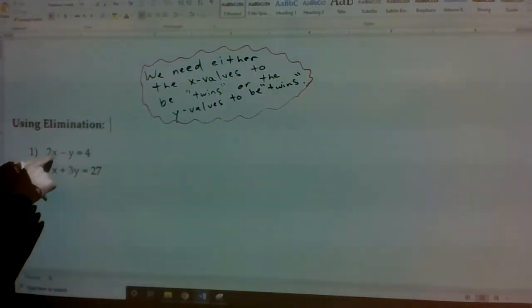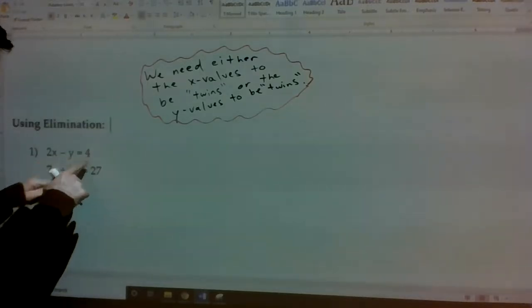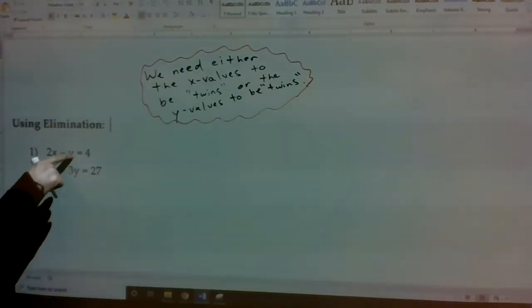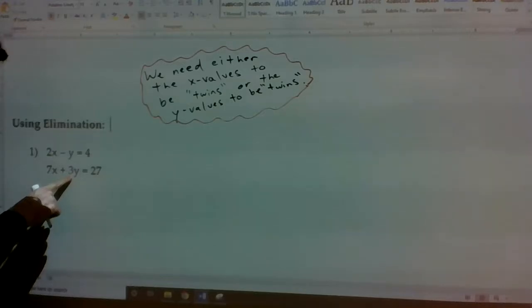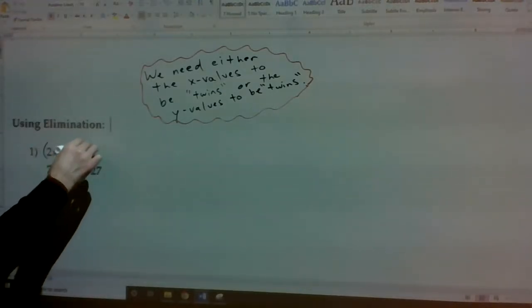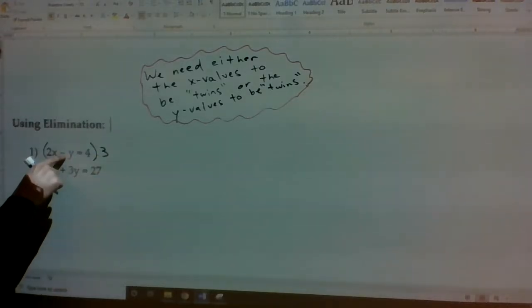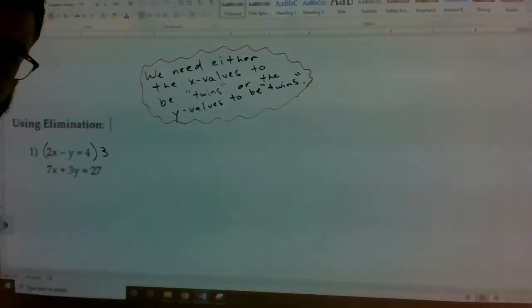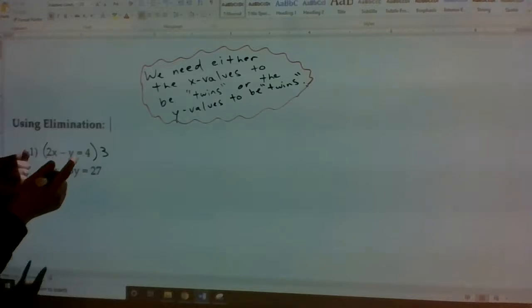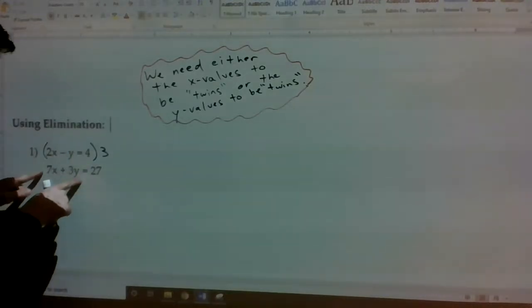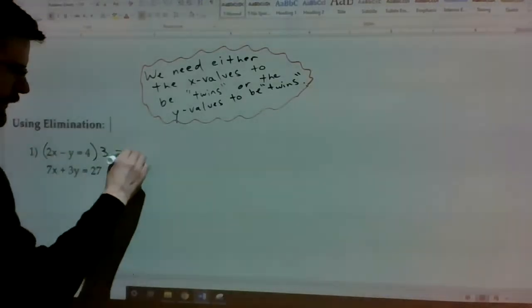Well, as I look at 2x minus y equals 4, I can make y negative 3 very easily by multiplying by positive 3, because a positive 3 times negative y would be negative 3y. So if I do that to the top equation, then I don't have to do anything to the bottom equation.